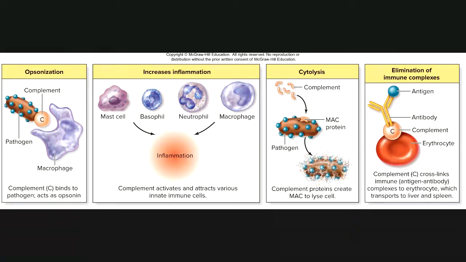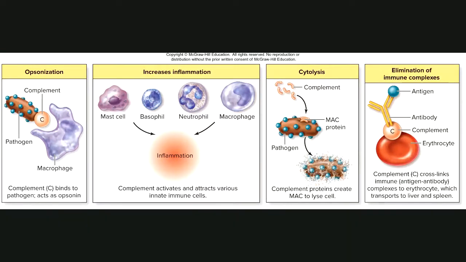Agglutination was when the antigen and the antibody were joining together. But when complement links the antibody to the erythrocyte, the only reason this happens is so that the erythrocyte can serve as a tow truck for this antigen-antibody complex and take it to the liver so we can destroy it.